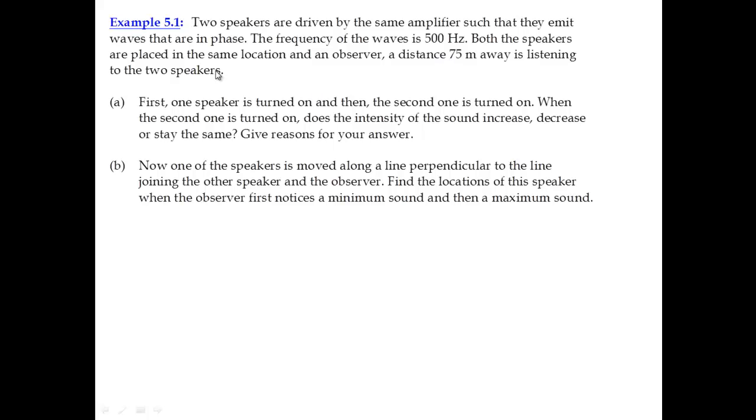We'll imagine what can happen if the listener initially listens to the sound coming from those speakers when they're in the same place. And then what might happen differently if one of those speakers is moved so that the sound coming from the two speakers to the observer travels different distances. That's where things get interesting.